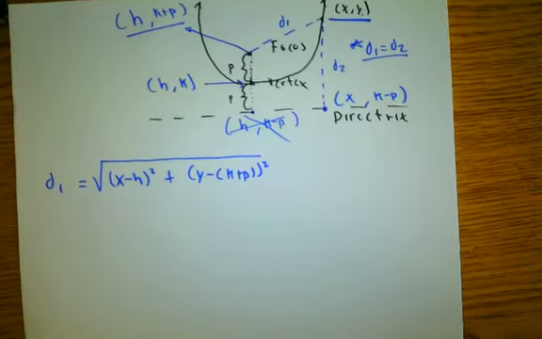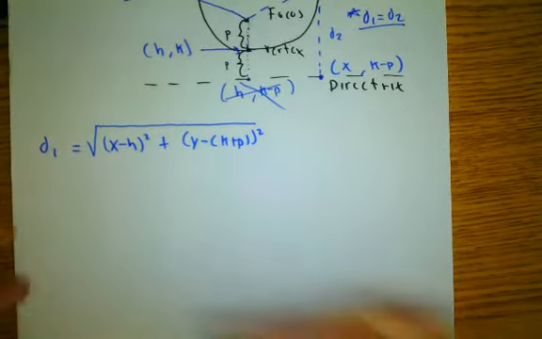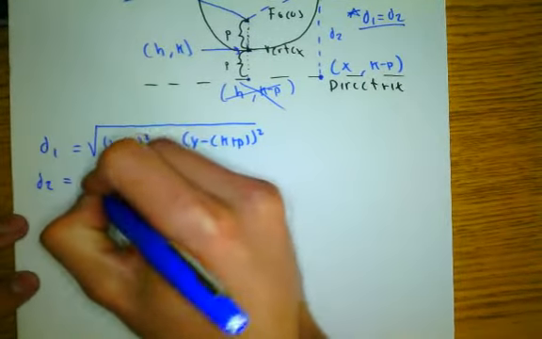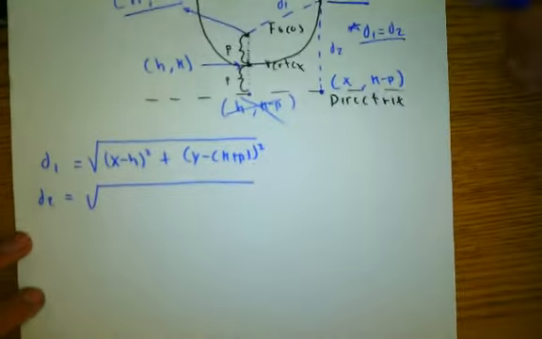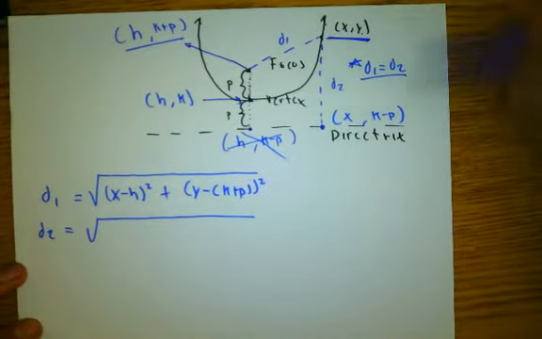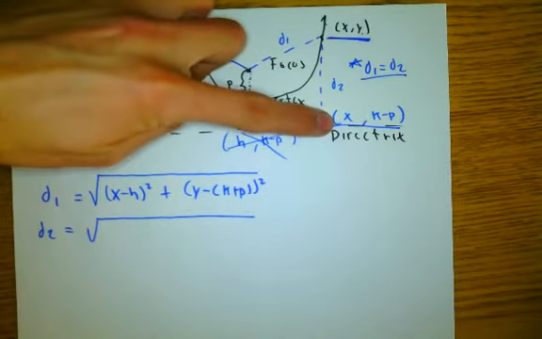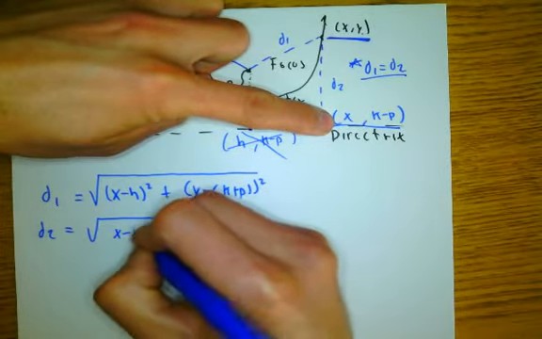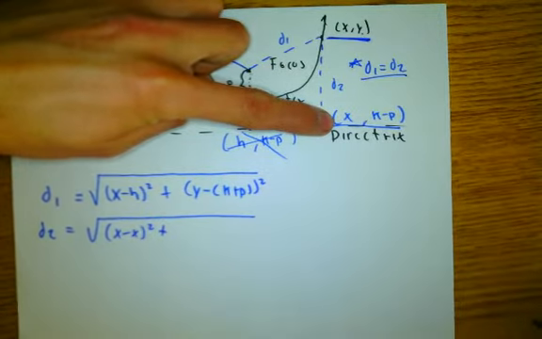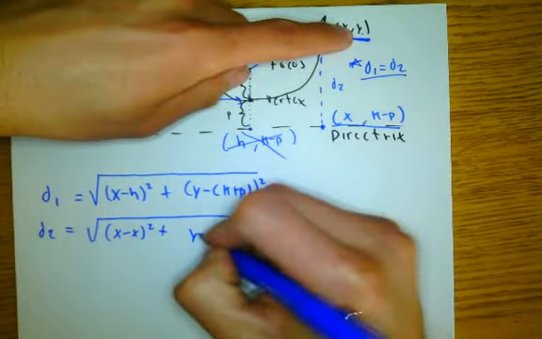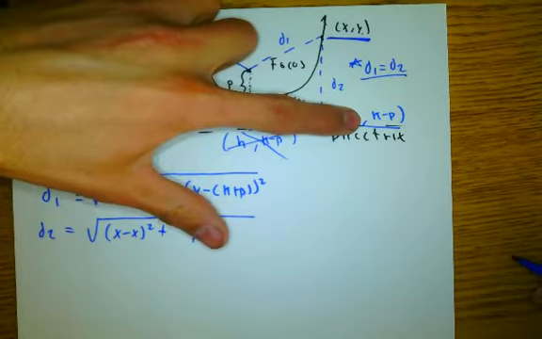Well, for D2, if I'm going to use this point and this point, I'm going to say x minus x squared plus y minus k minus p squared.